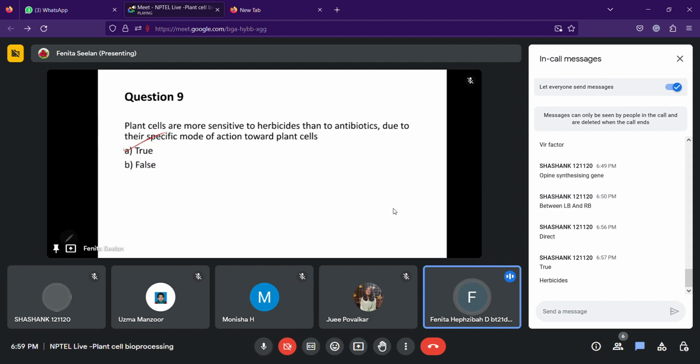So the last question: hairy roots can grow in a plant hormone-free medium under in vitro conditions. The answer to the question is true or false.